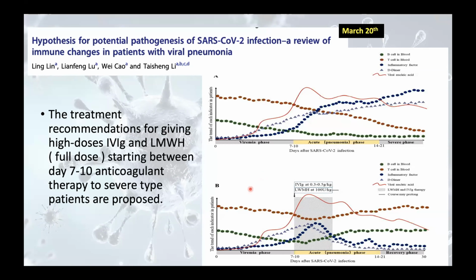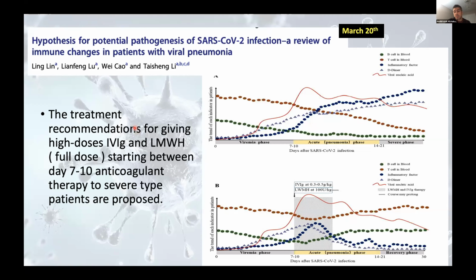What they found is, after the viral phase, there's a marked increase in D-dimer levels in addition to other biomarkers. The patients who received IVIG and full dose low molecular weight heparin between day 7 and day 10 had a marked reduction in D-dimer, as you can see here, as well as other inflammatory biomarkers.